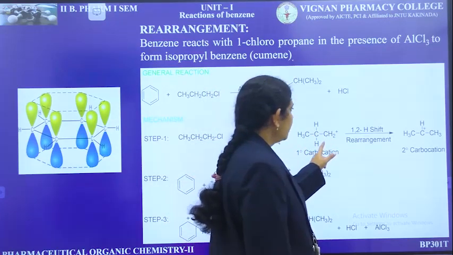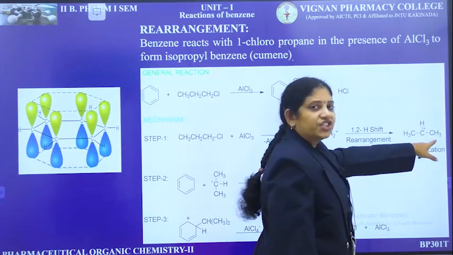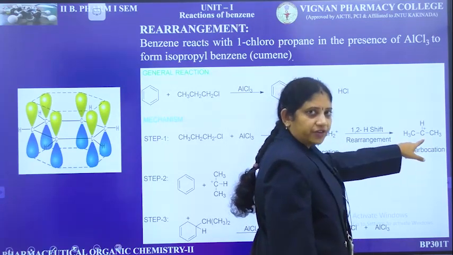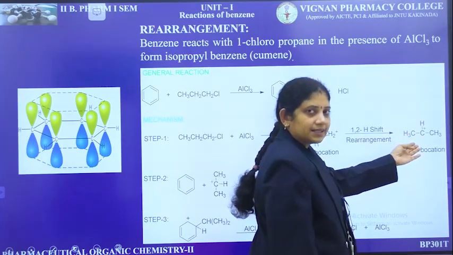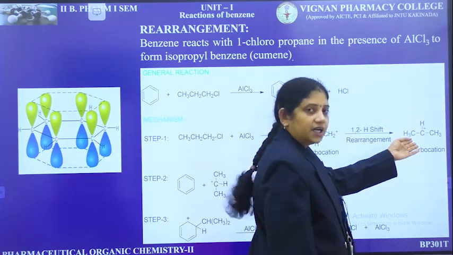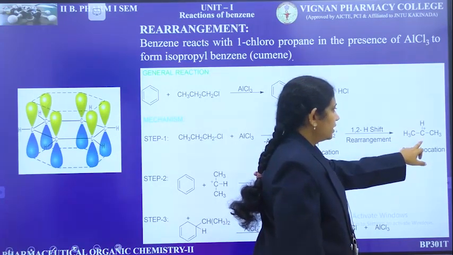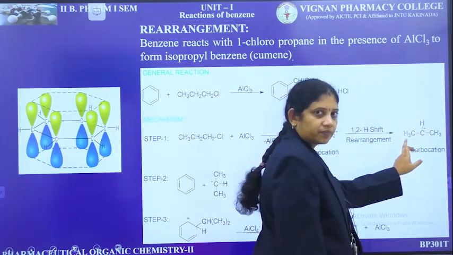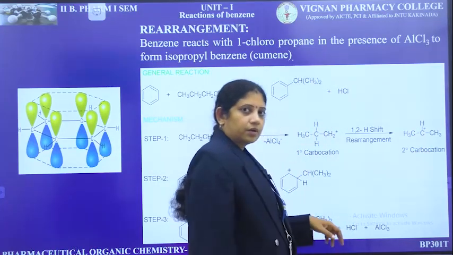At that time that CH2 converts into CH3, leaving this second carbon as electron deficient. Why are we calling this a secondary carbocation? Because that electron deficient carbon is attached with 2 alkyl groups. That's why it is called a secondary carbocation.